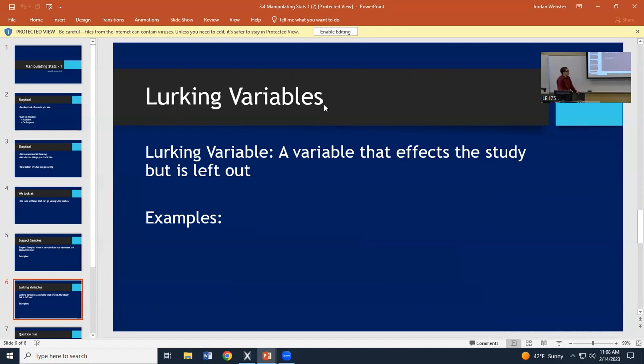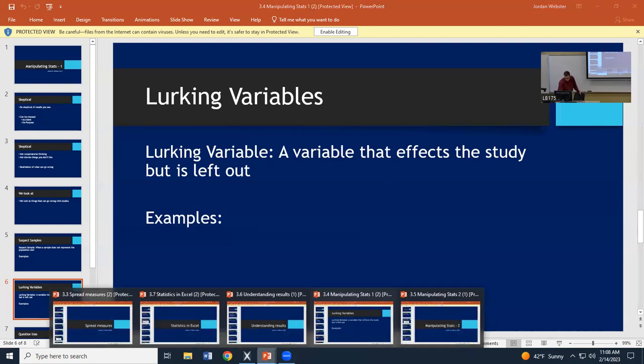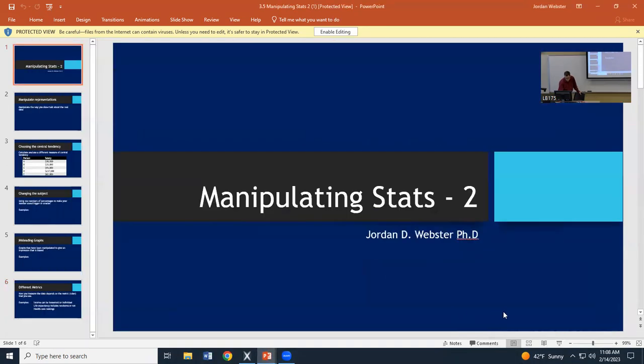And if you look at two variables and see if they're interconnected somehow, that's usually a red flag for there being lurking variables somewhere else. Okay, that's probably the biggest one.